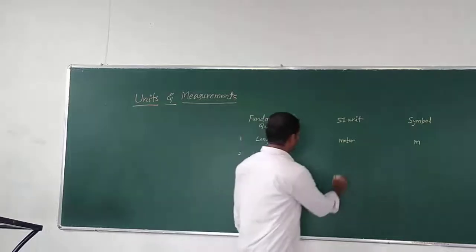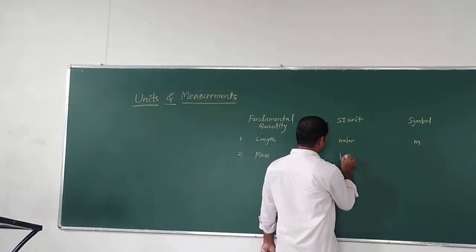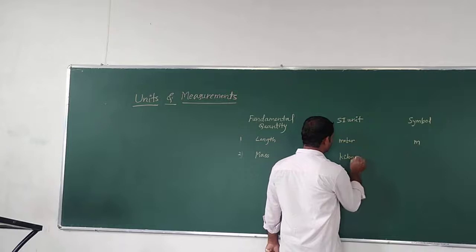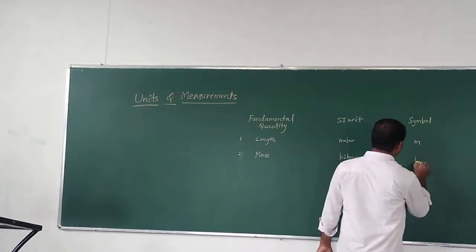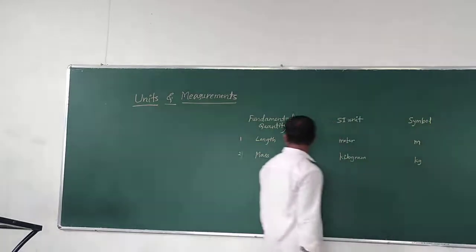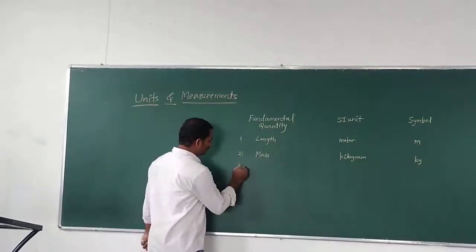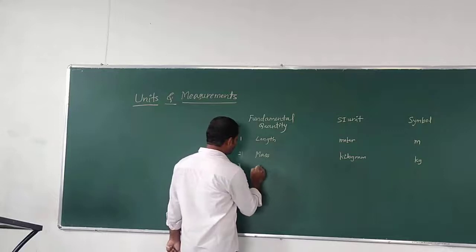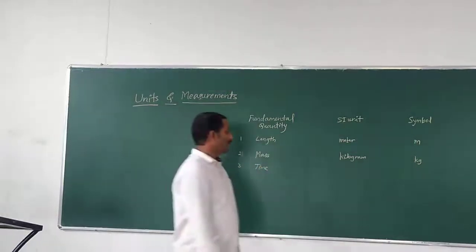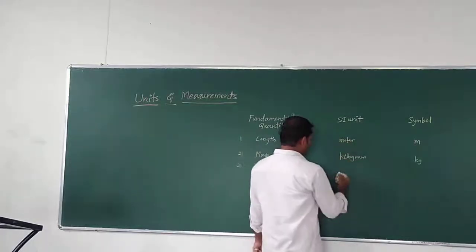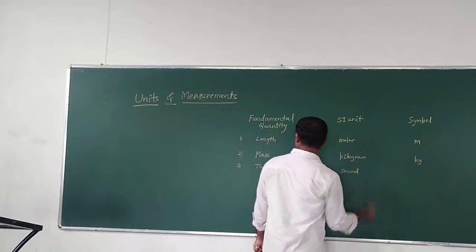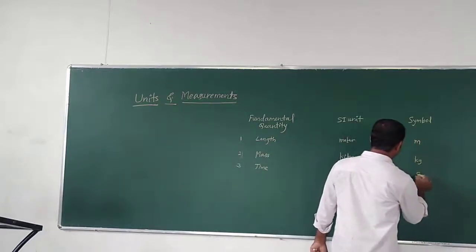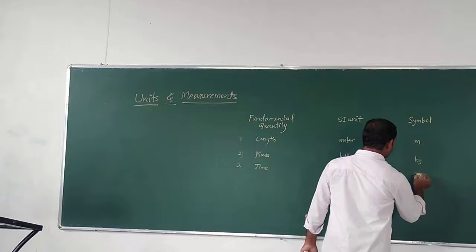So mass is measured in kilogram and symbol is kg. Then third fundamental quantity is time. So time SI unit is second and symbol is small s.